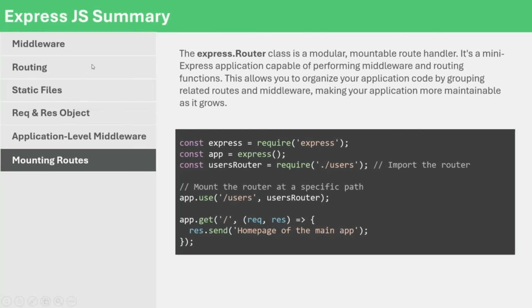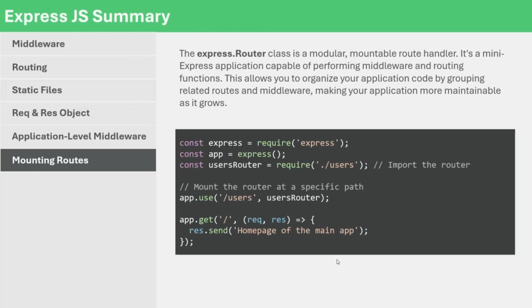And in the future lectures also, when we implement functionality like authentication and authorization, there also we are going to use these concepts. So these are the basic concepts related to Express.js which you need to know in order to implement any functionality in an Express application. Now, before I wrap up this lecture, I also want to show you the documentation for Express.js.